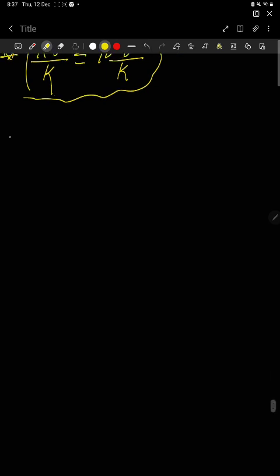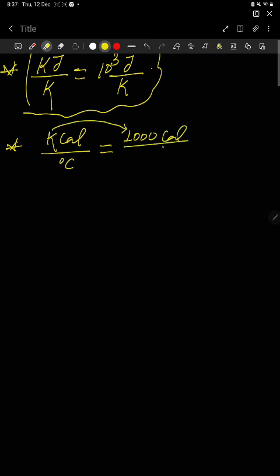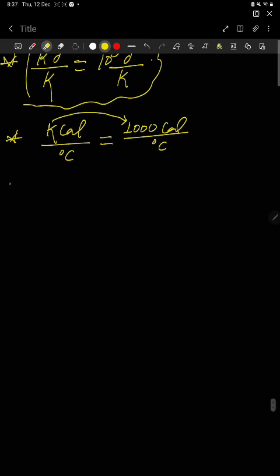Now suppose they give the heat capacity in kilocalorie per degree Celsius, and I have to convert it into calorie per degree Celsius. What will be its value? 1000. Kilo means 1000.